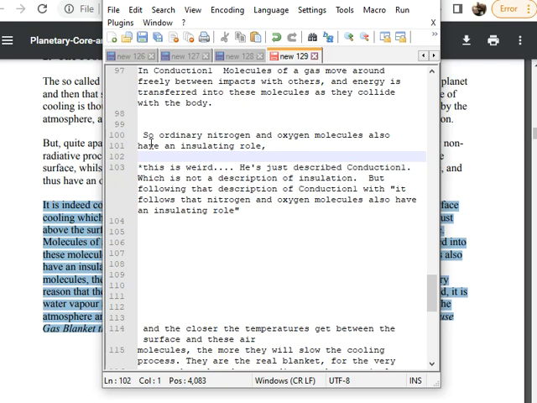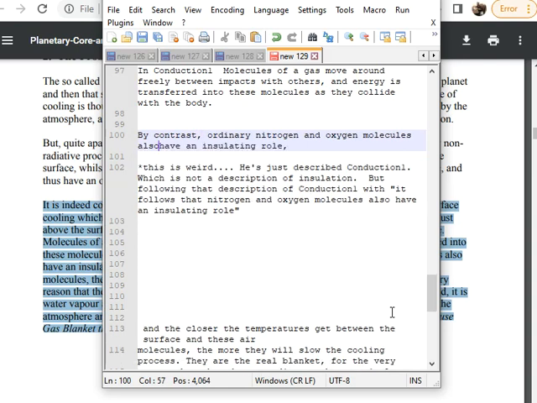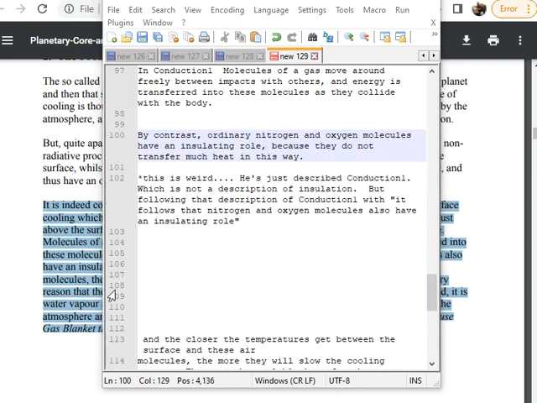So it should actually be by contrast: ordinary nitrogen and oxygen molecules have an insulating role because they do not transfer very much heat in this way.